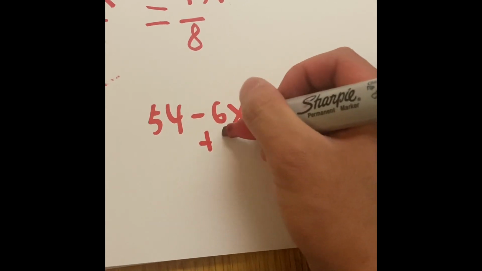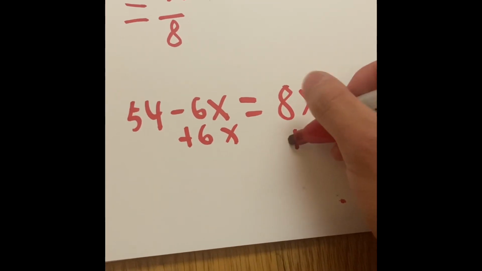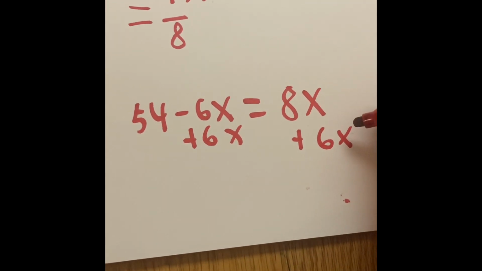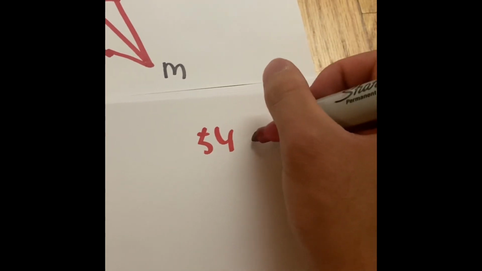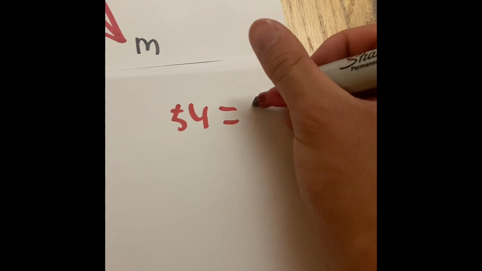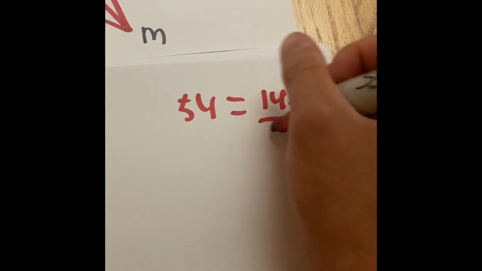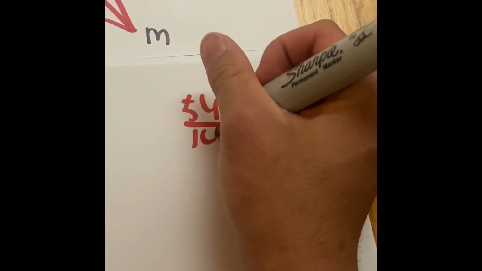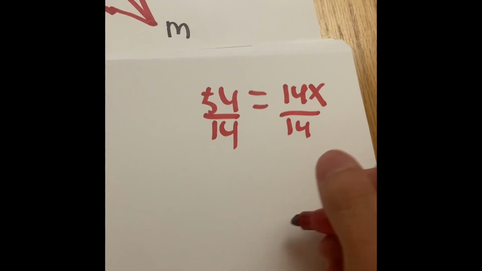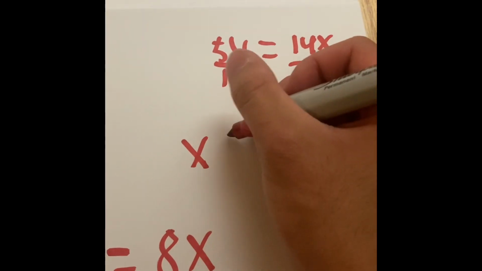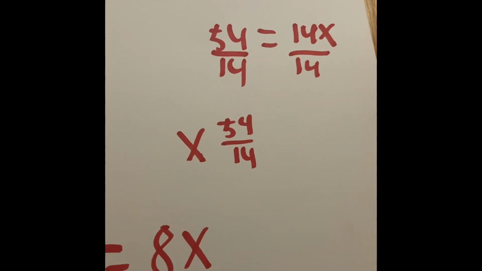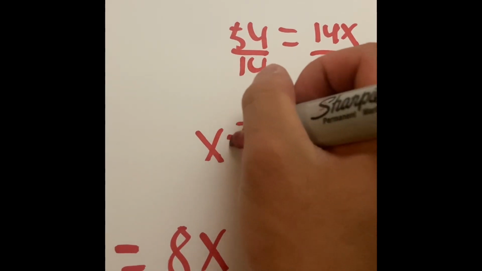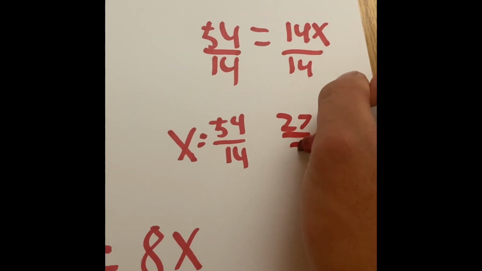If we add 6x to both sides, we get 54 equals 14x. Divide by 14, divide by 14, and x is going to be a fraction of 54 over 14. We can simplify that to 27 over 7.